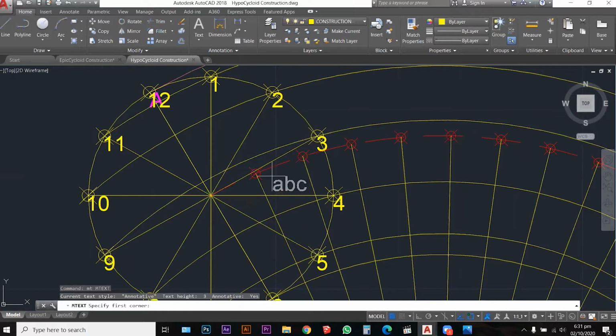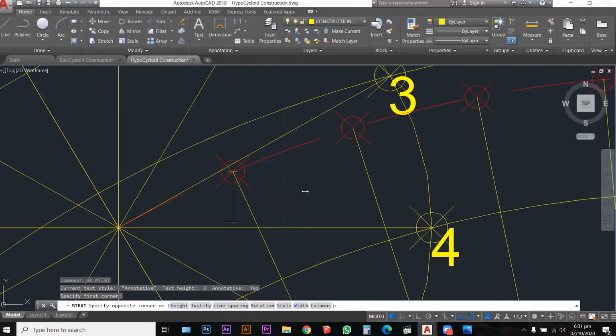That's my 0. Let's start here with 1. 1, and you know the drill.